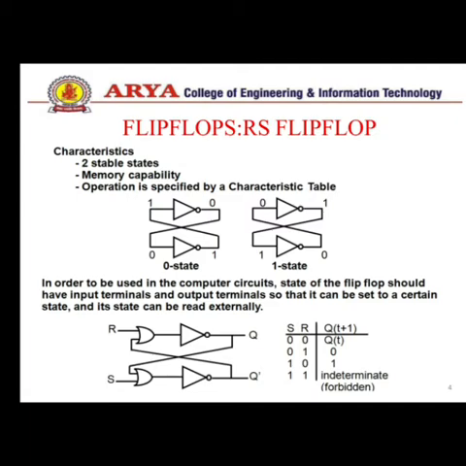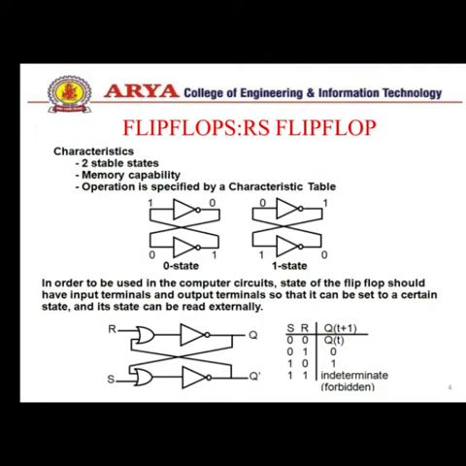So 0 is connected to S, and the value of S is already 0. So 0 plus 0 is output 0, and then 0 is connected to the NOT gate, and the output is 1. So in this condition, the q output is changed to 0. So it is set to 0. So in this the next output is equal to 0.